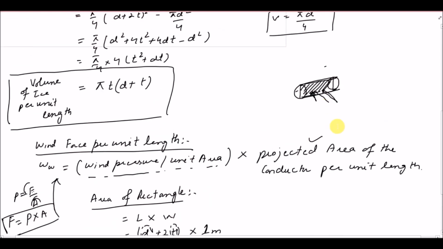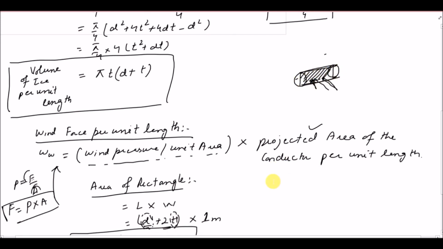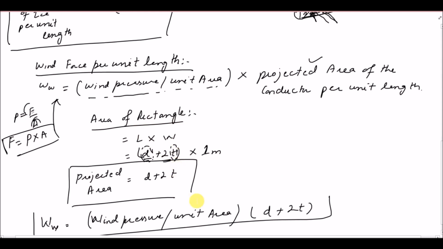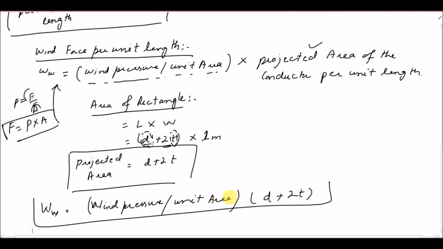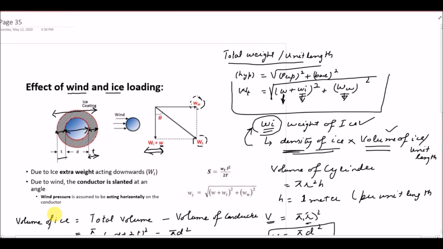So whenever the wind is acting on the conductor, the projected area of the conductor is a rectangle. So we calculated the area of the rectangle and multiplied it with the wind pressure per unit area. So we got the value Ww, which is the weight quantity that is introduced by the wind. So in this way we can calculate the total weight of the conductor whenever we have ice loading and the wind is blowing as well.